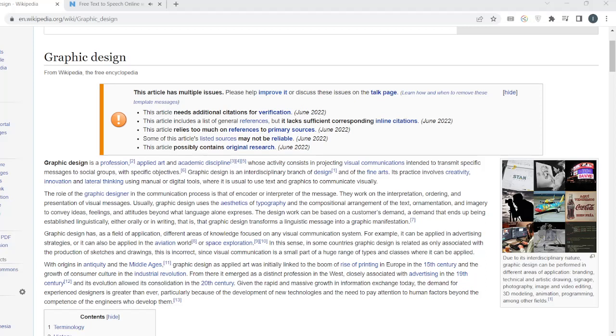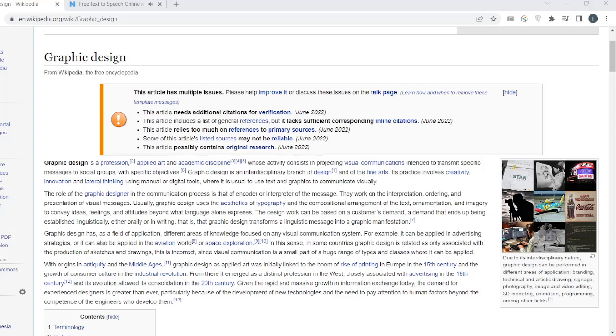Usually, graphic design uses the aesthetics of typography and the compositional arrangement of the text, ornamentation, and imagery to convey ideas, feelings, and attitudes beyond what language alone expresses.